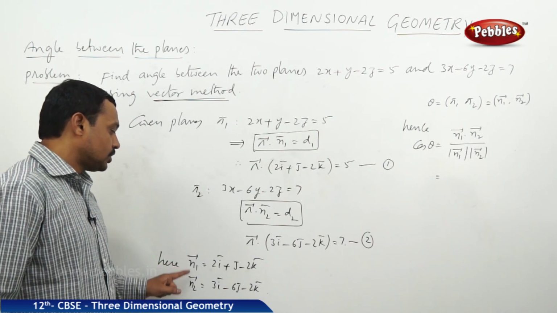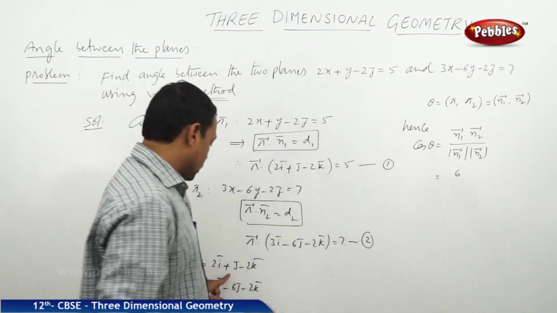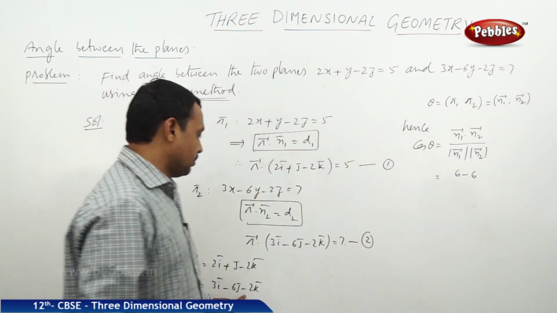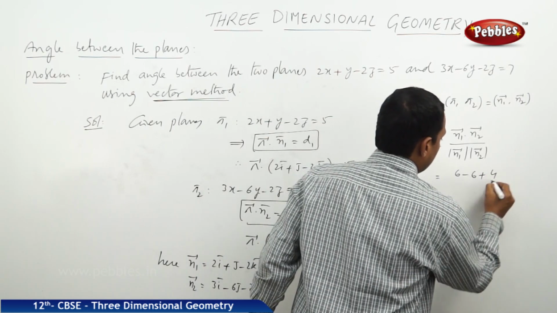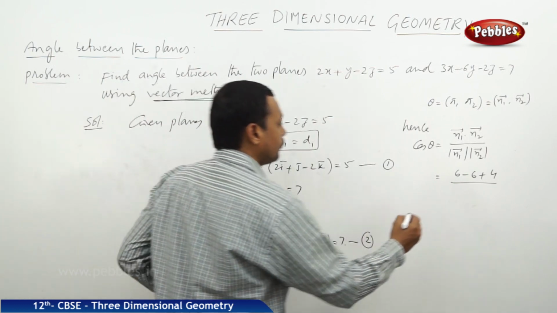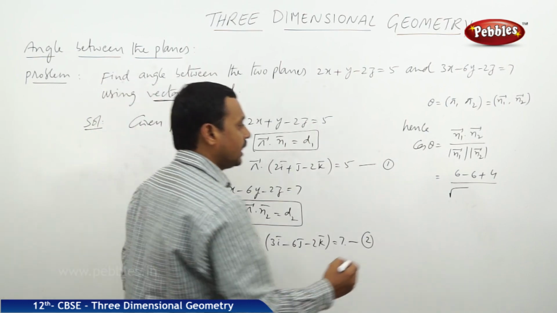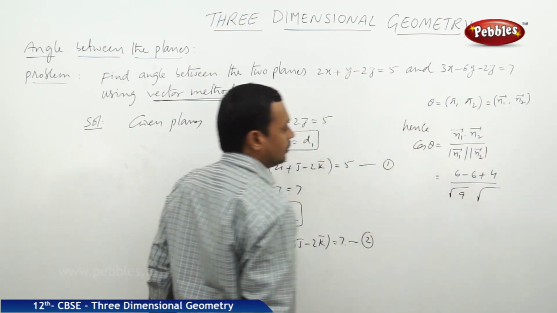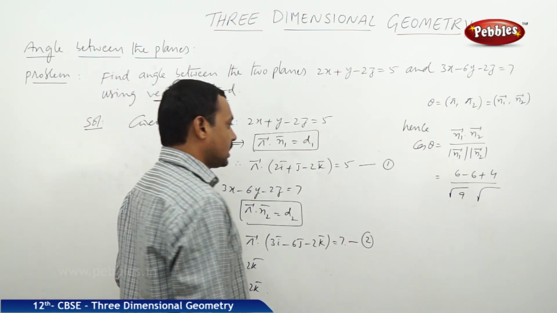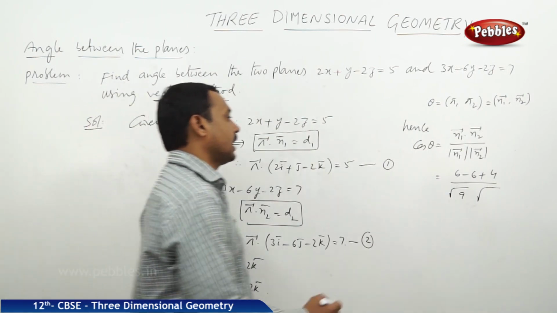Find the dot product of these two vectors: 2 into 3, 6, plus 1 into minus 6, minus 6, minus 2 into minus 2, plus 4, by modulus of n1, that is root of 4 plus 1 plus 4, 9, into root of, what is the magnitude of the second normal? 9 plus 36 plus 4, 49.